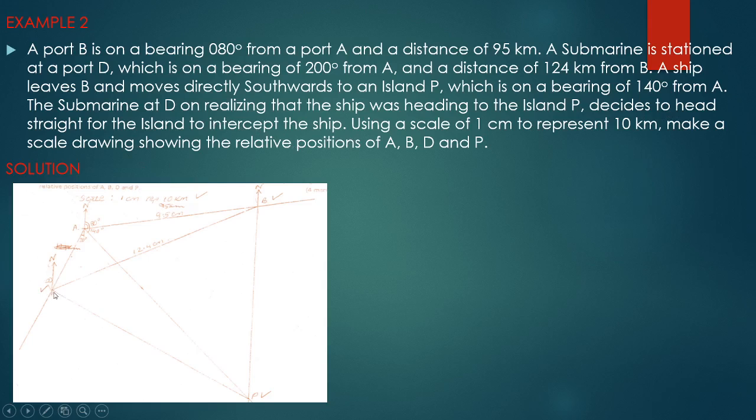So the submarine moved directly from D to P, and you join D to P directly. Using the given scale, you make a scale drawing showing the relative positions of A, B, D, and P. We have located our A, B, D, and P, and now you are able to score your 5 marks.